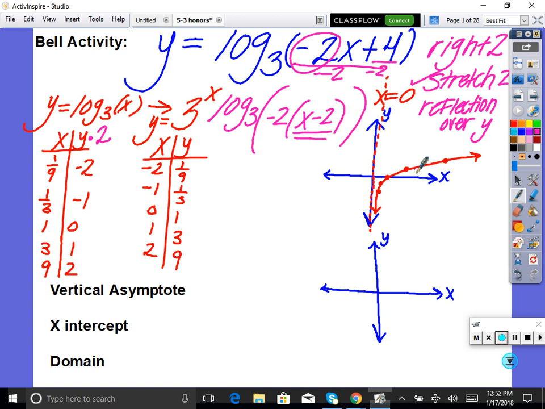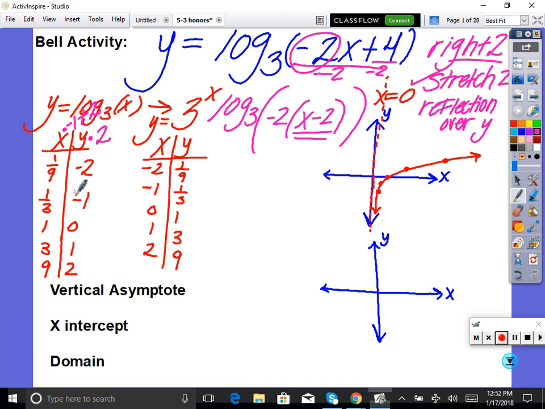Taking those points and reflecting them across y would change the x's to be the opposite of what they are. So you would take your x values and multiply by negative 1. And then we're going right 2, so after you multiply those by negative 1, you add 2 to all those values. Then you could write out your new xy points. Does everybody see? I'm not going to do that because I only need a rough sketch, but if you did, you would do that.